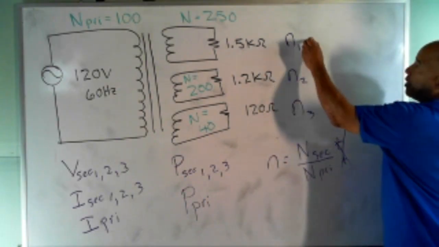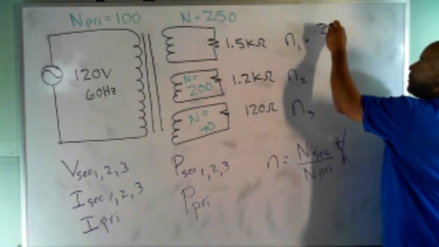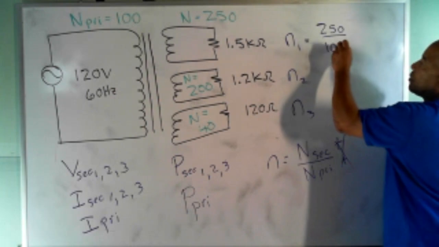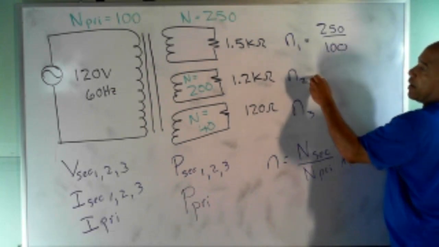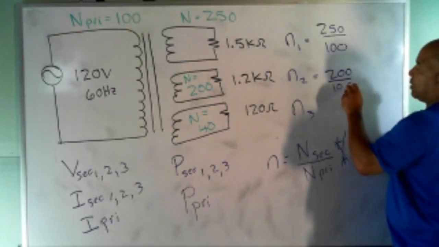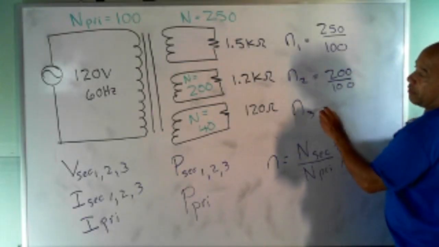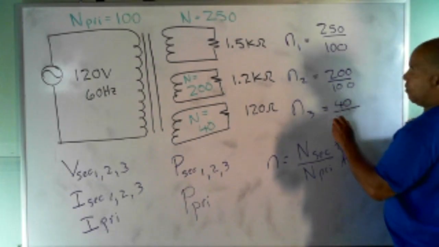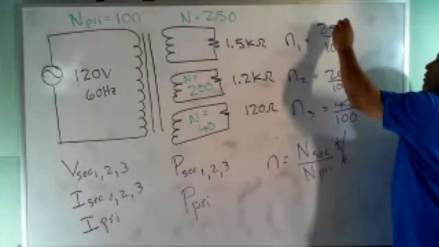So here I have 250 over 100. Here I have 200 over 100. And here I have 40 over 100.